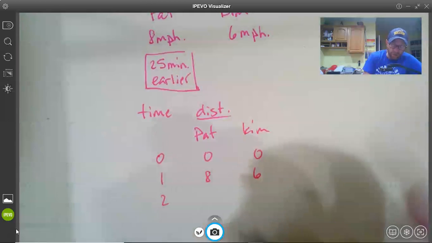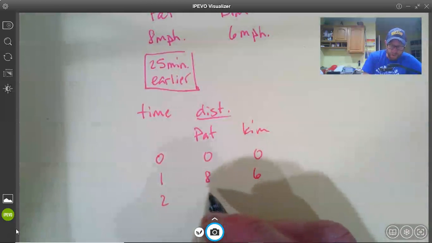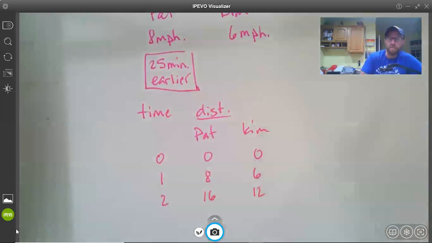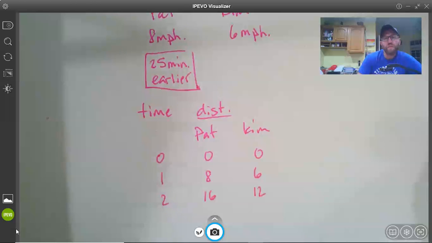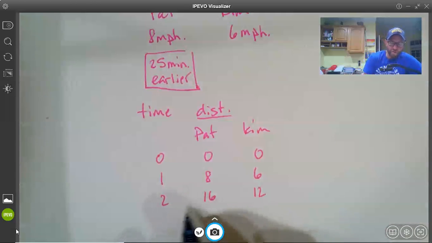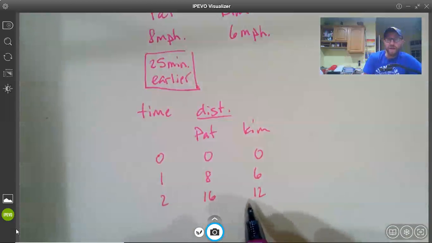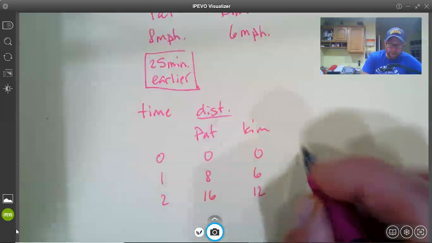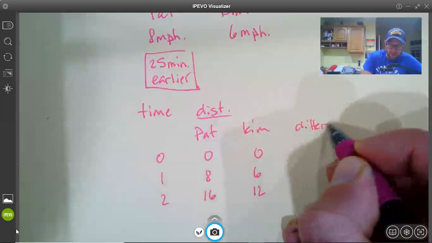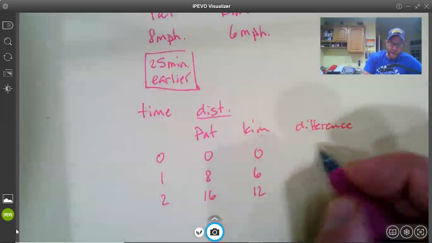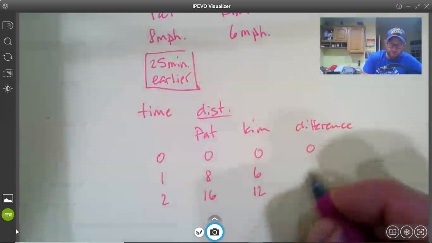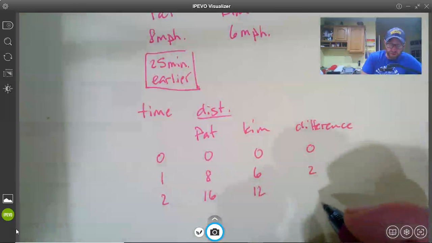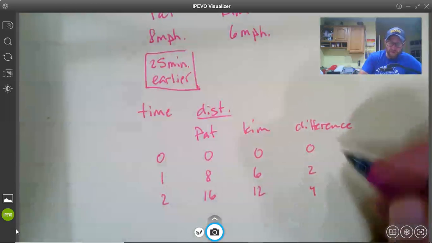And after 2 hours, Pat has gone, say, 16 miles and Kim has gone 12. And this table works pretty well if I'm looking at their gap in miles, the difference of the gap. There's no difference when they start. There's a 2 mile difference, and then there is a 4 mile difference.